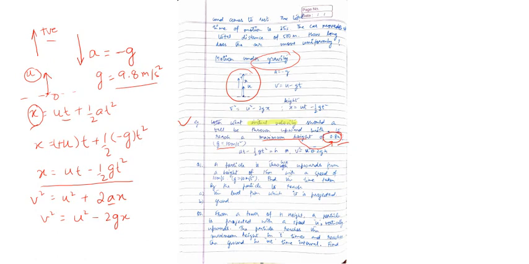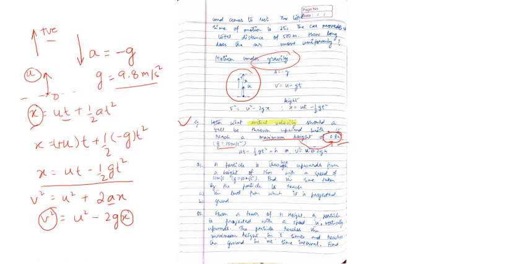So in this equation, v square is equal to u square minus 2gx, the value v square represents the velocity of the ball when it has reached x displacement or x height, and we know that at 0.8 meter height the ball would stop.